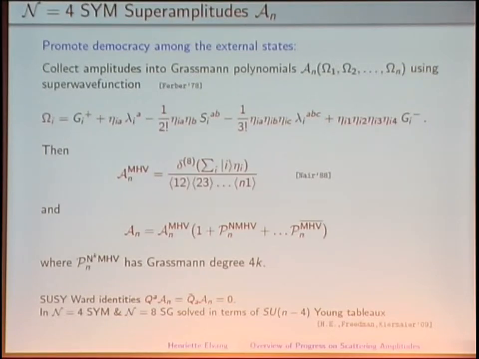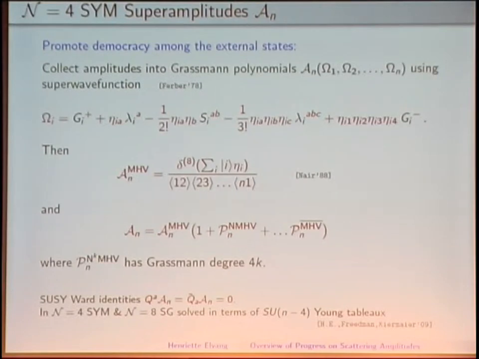Now, if I want a specific amplitude projected out, I simply project out the states I want for each of the external super wave functions, and that picks up the actual component amplitude that I might be interested in. Beyond the MHV level, one can write the full amplitudes as an MHV factor times a polynomial of increasing Grassmann degree, where the Grassmann degree is 4k for the N to the K MHV sector.